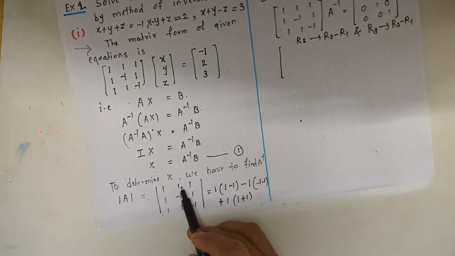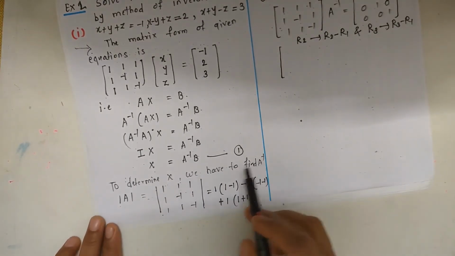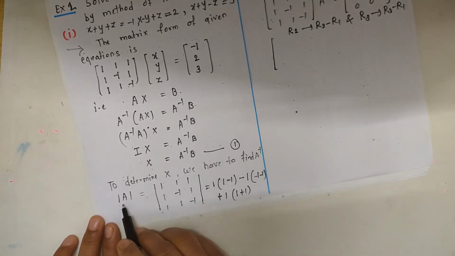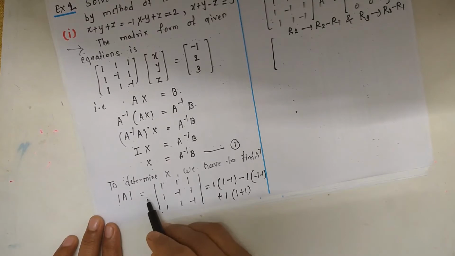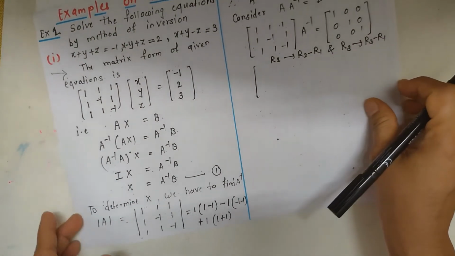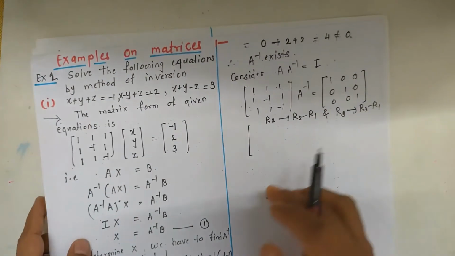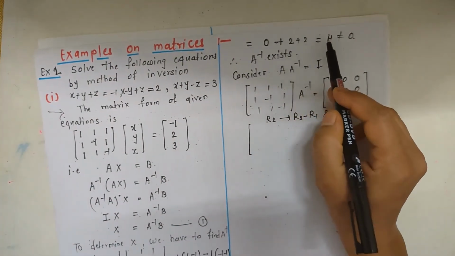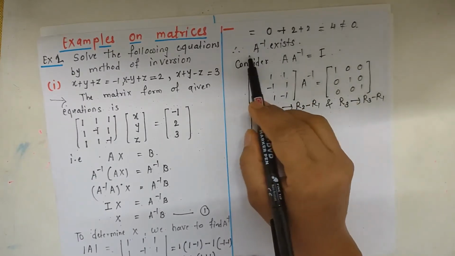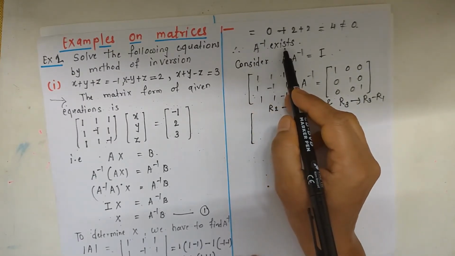To determine X, we have to find A inverse. So before finding the inverse, first find the value of determinant A. Here we calculate determinant of A is equal to 4, which is not equal to 0, and therefore A inverse exists.